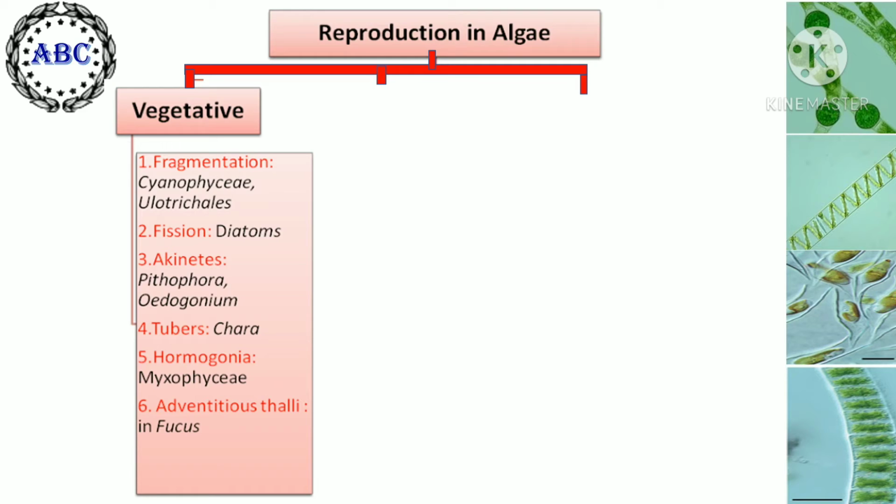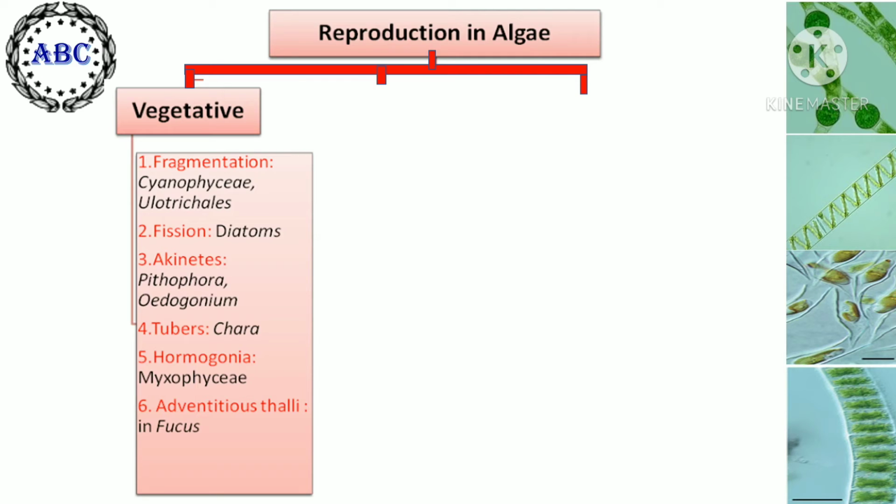The filamentous thallus breaks into fragments and each fragment is capable of forming a new thallus. Fragmentation can take place due to mechanical pressure, insect bite, or other mechanical injuries. Common examples are Ulothrix, Spirogyra, Oedogonium, Zygnema, Oscillatoria, etc.